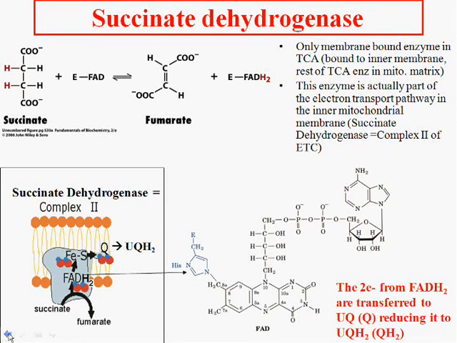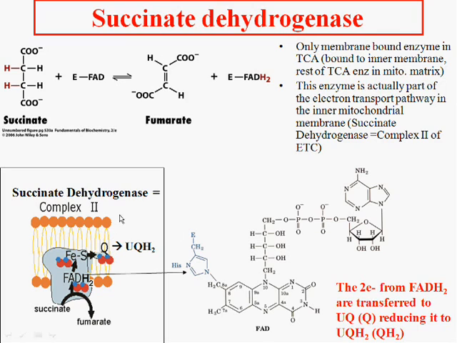What happens in the ETC? Electrons are transferred from succinate via the FADH2 group of succinate dehydrogenase. Like we see, they go via this FADH2 group and through an iron sulfur cluster and convert coenzyme Q, or ubiquinone, and reduce it to UQH2.